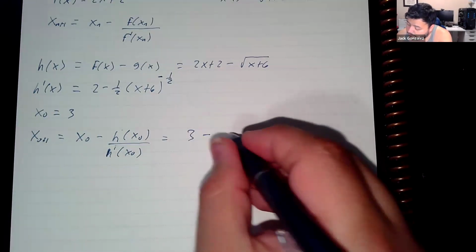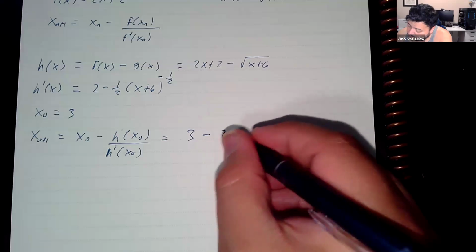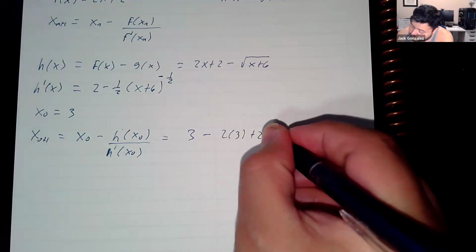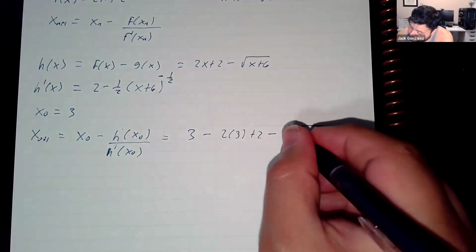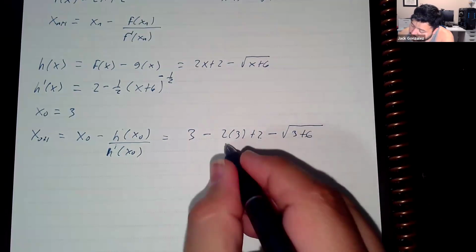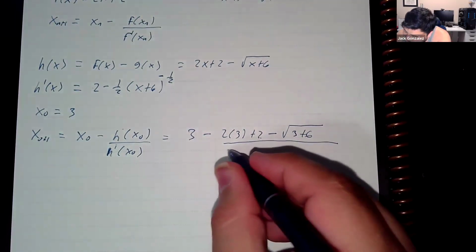So that would be 2 times 3 plus 2 minus the square root of 3 plus 6 divided by the derivative at that same number.